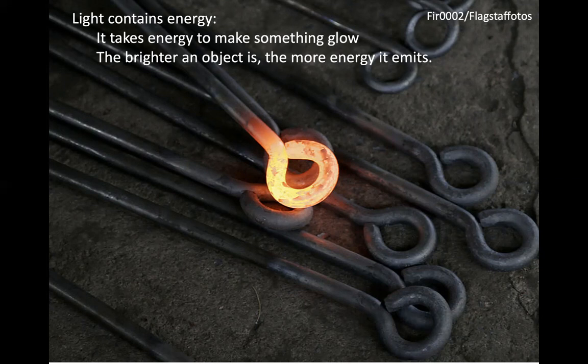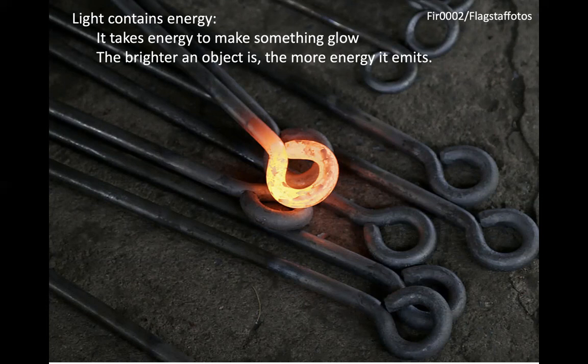The hotter you make it, the more they move, the more light it can emit, and that light can go elsewhere and carry that energy elsewhere. So there's a clear relationship between energy and light, but there's an extra complication.